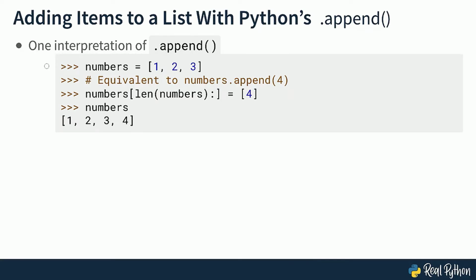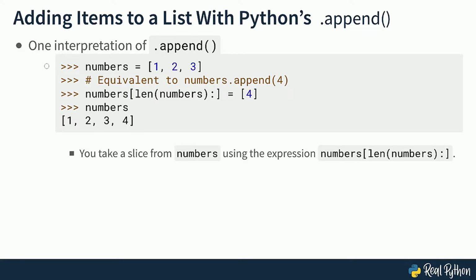So what's happening here? You're taking a slice from numbers, in this case from 3 to the end, and then assigning that slice to an iterable, in this case a list containing a single element 4. Since there is nothing at index 3 yet, Python unpacks this iterable and places the individual items at the end of the list.